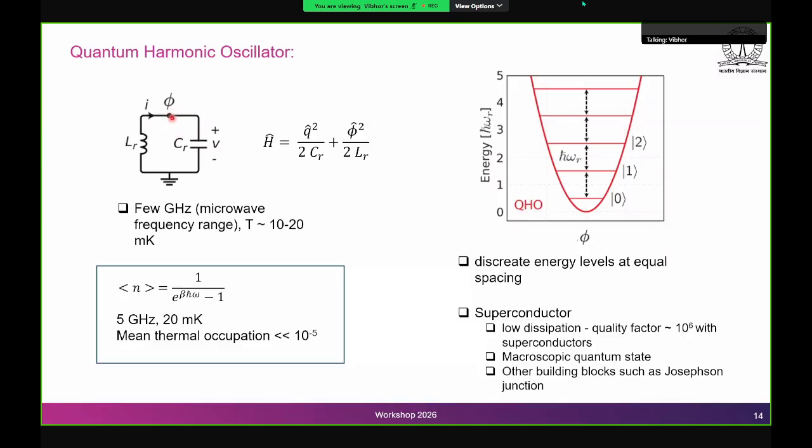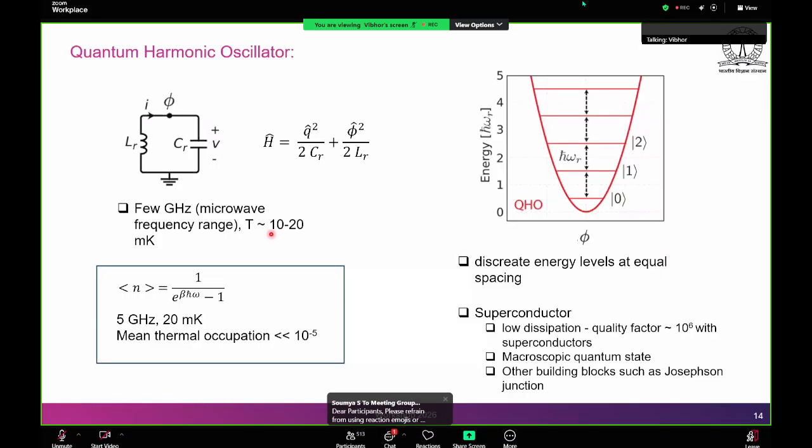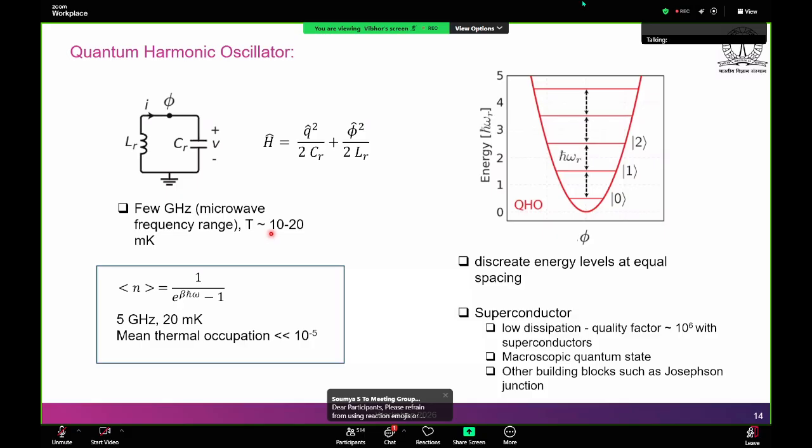And if you were to measure, for example, the charge or the flux at this point, the quantum fluctuations will dominate. So if a high frequency circuit is cooled down to very low temperature, it shows quantum behavior because thermal fluctuations become so small in comparison to quantum fluctuations. There is a statistical mechanics of such a circuit that one can do.